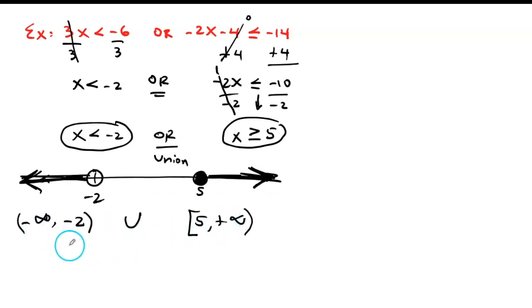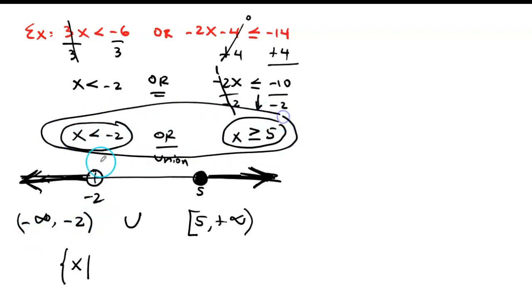Interval notation. Set builder notation: brace, x such that, the set of all x such that, and I bring my final inequality. So x less than -2, or x is greater than or equal to 5. Again, when we learn more set notation or logic notation, that's a better word, we can write this in a different way.